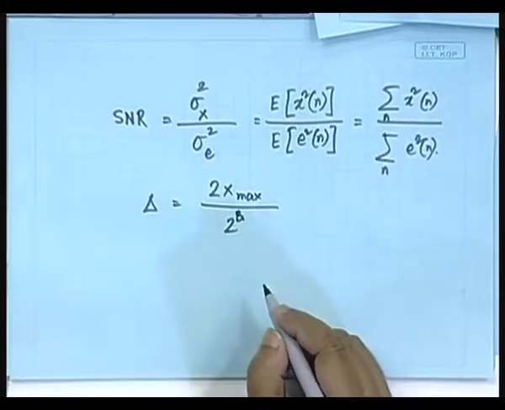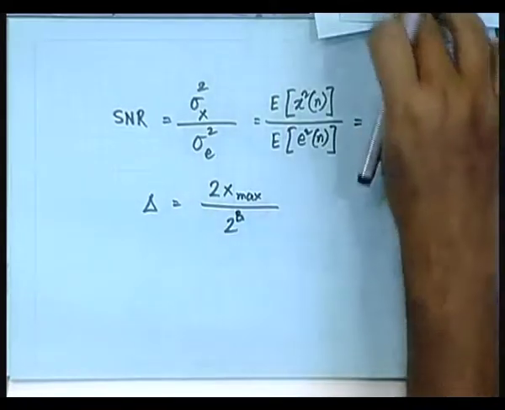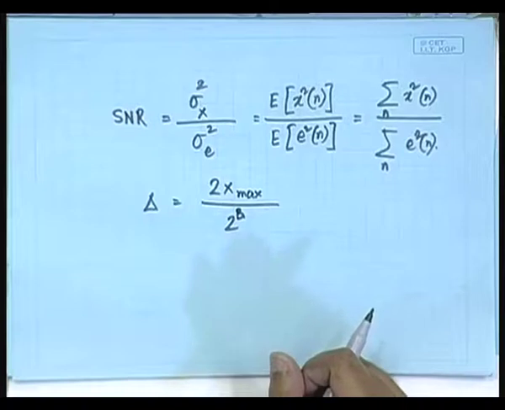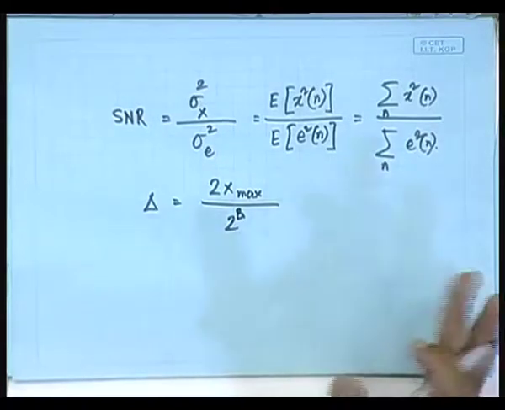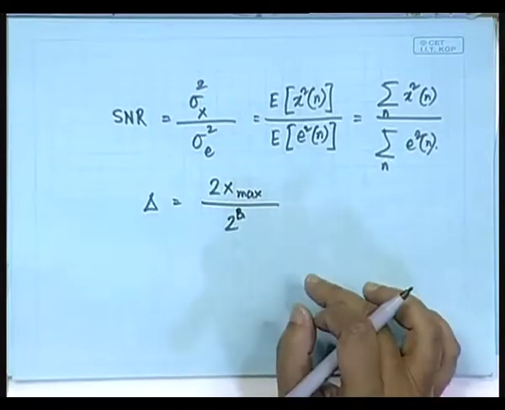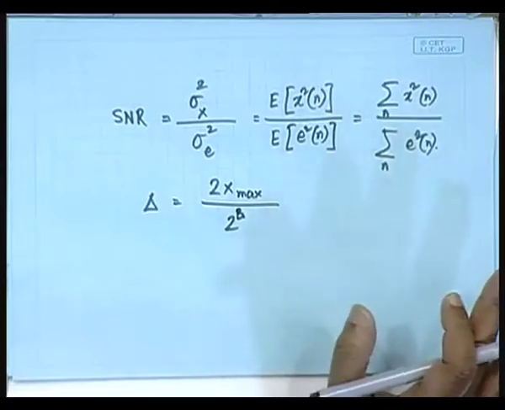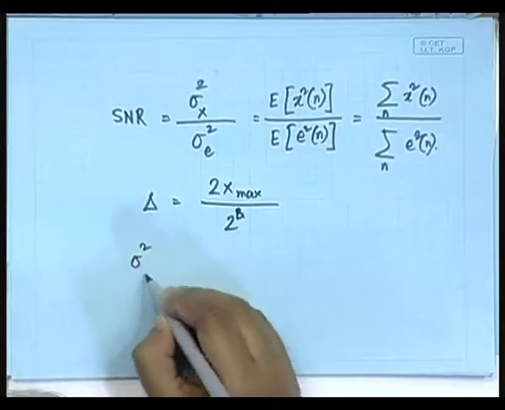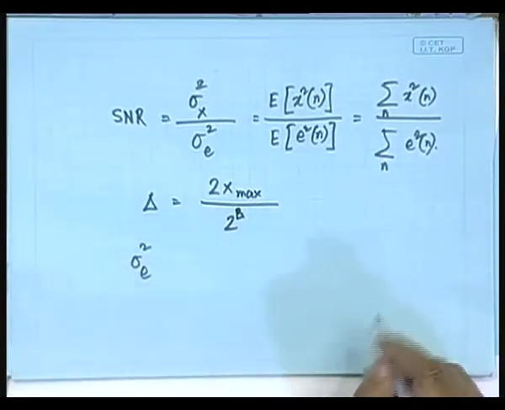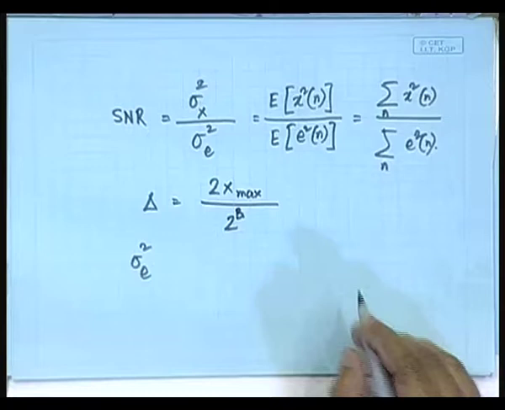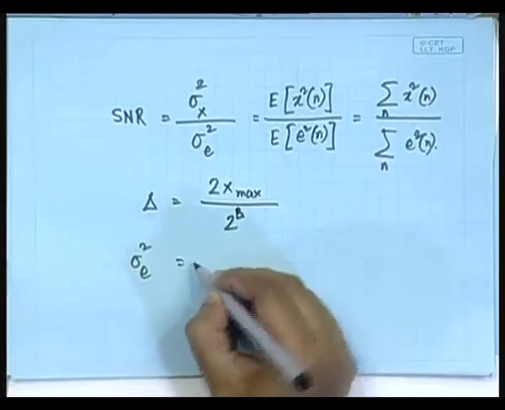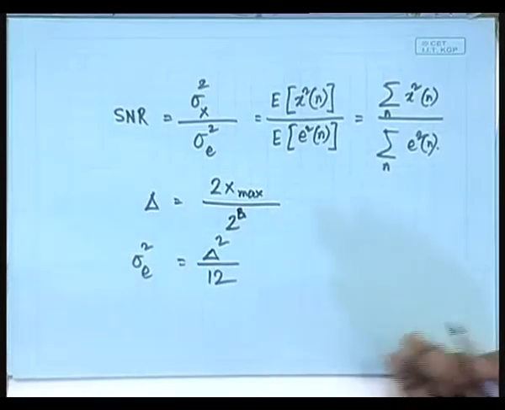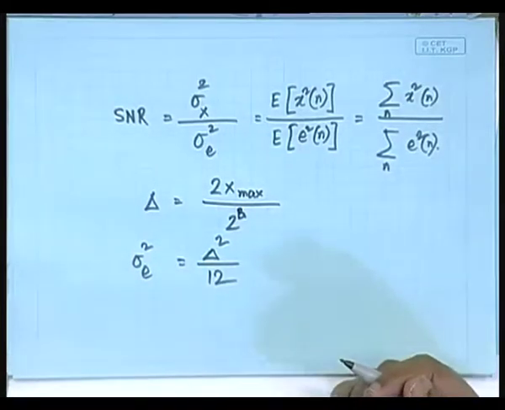Okay. And then the third assumption that we have made is that the quantization noise is uniformly distributed, and for uniformly distributed it is a very simple derivation that the noise variance sigma square e should be written as delta square divided by 12.